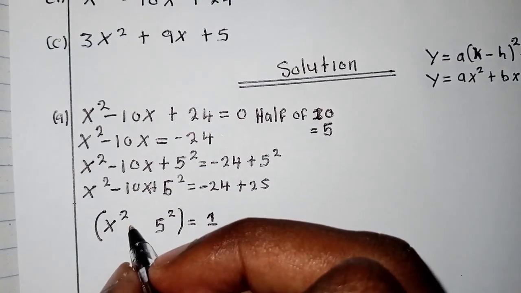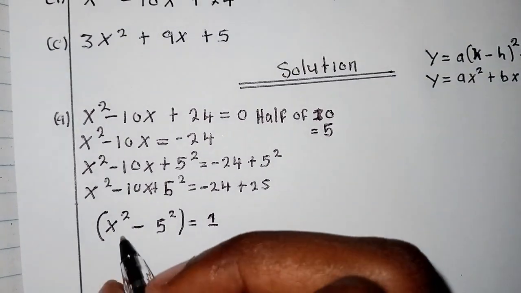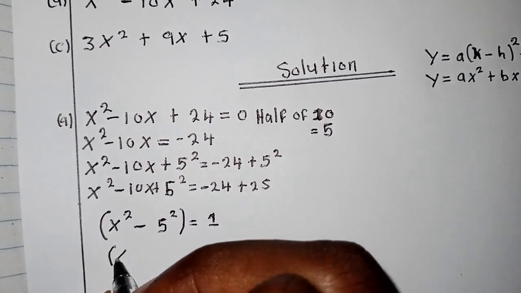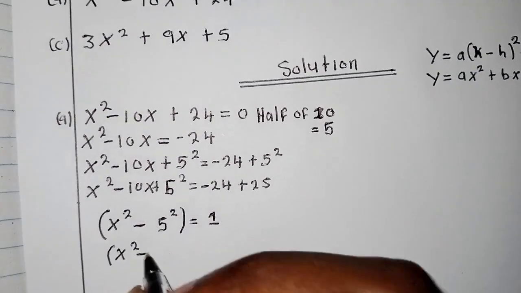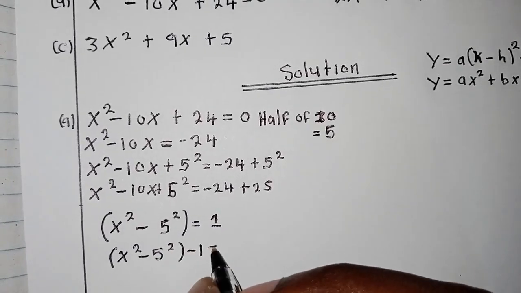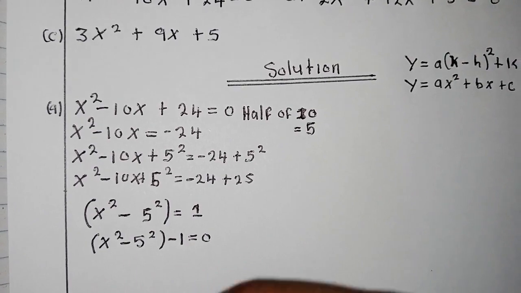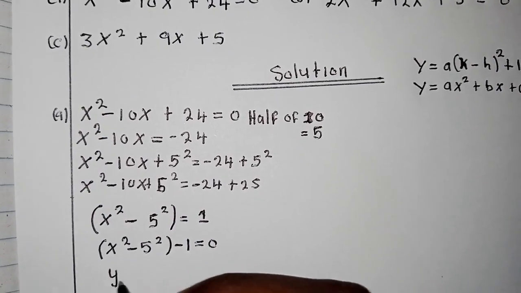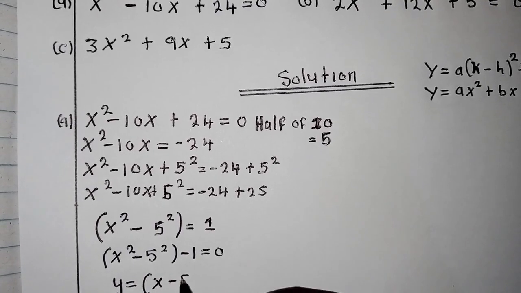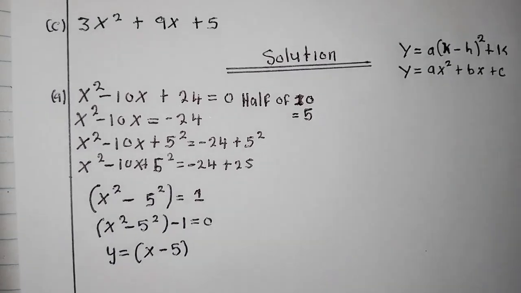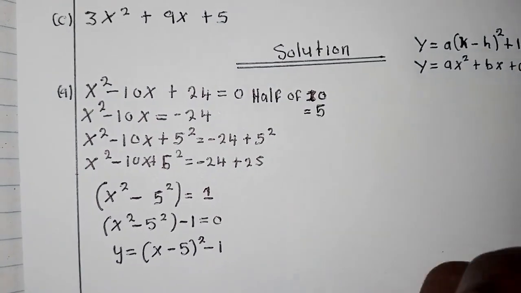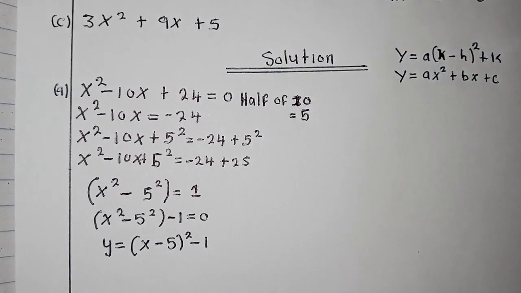So the sign is simply negative. Therefore, we can simply say that this is the same as x minus 5 to the power 2 minus 1 equal to 0. Then automatically we know that this is the same as y is equal to x minus 5 to the power 2 minus 1. Okay, so we've taken it in this form.